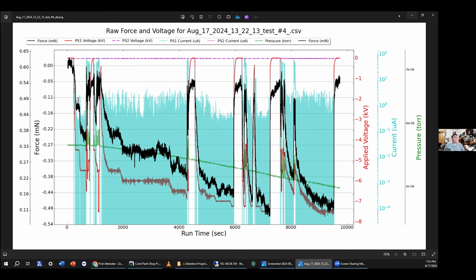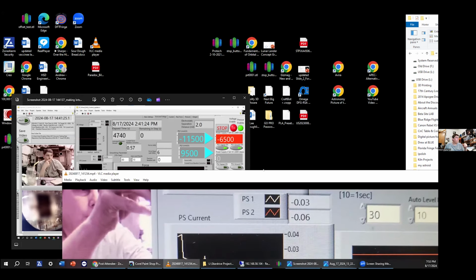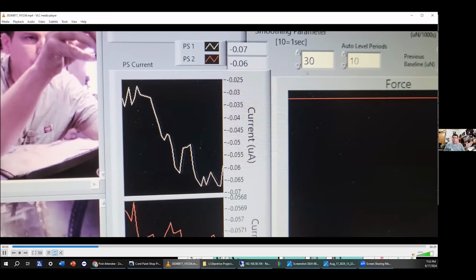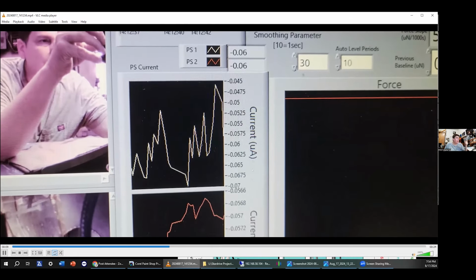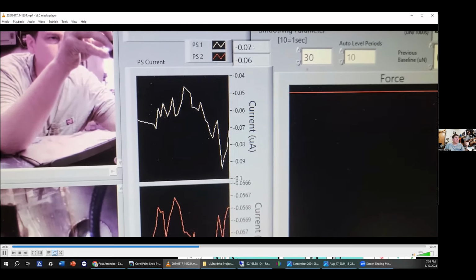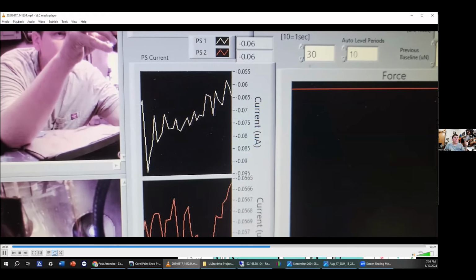So I'm going to run a short video. I don't know if you can hear the words, I assume you can't. But take a look at the sign on this power supply. That's in microamps.